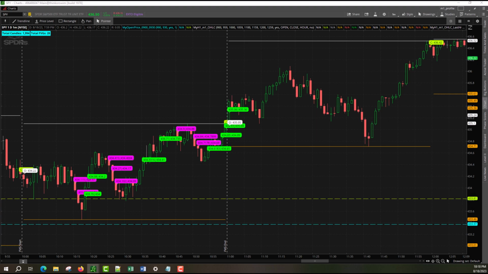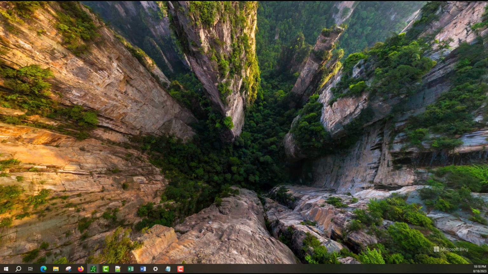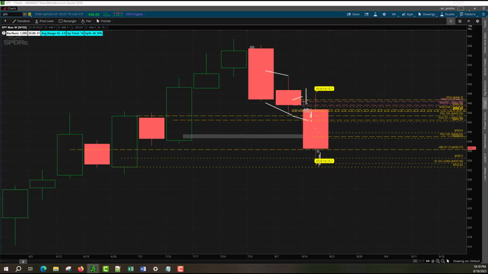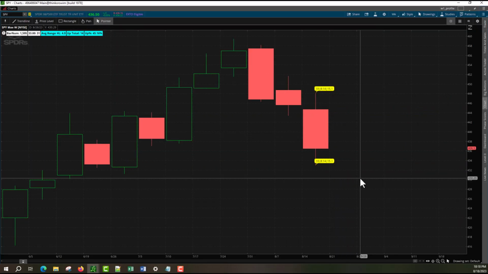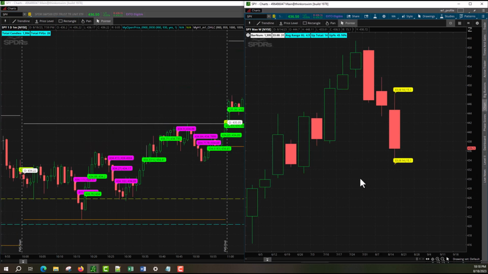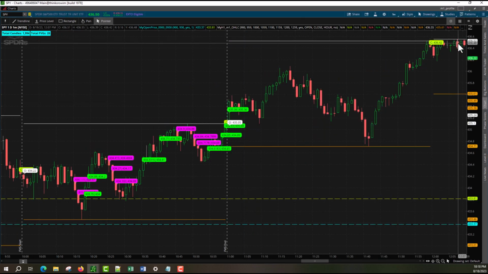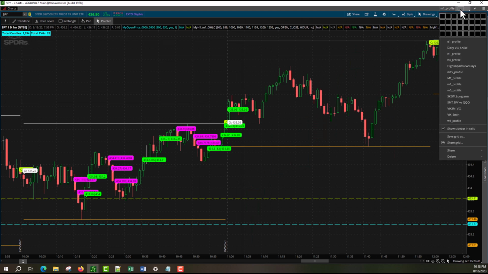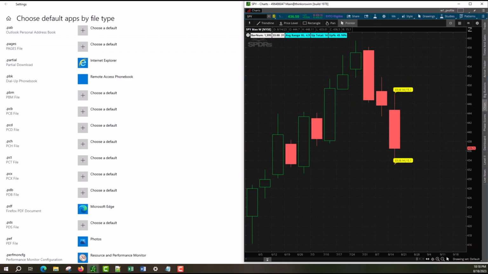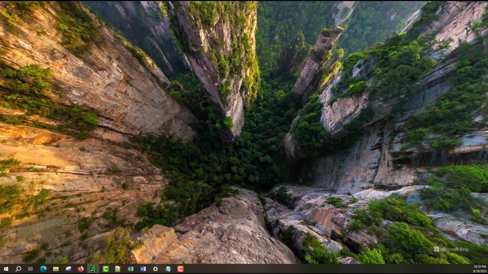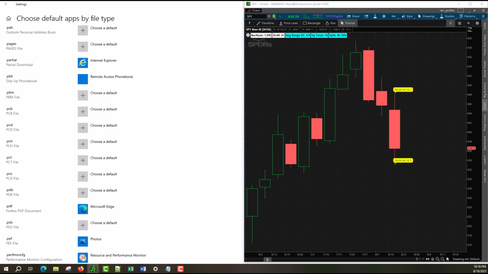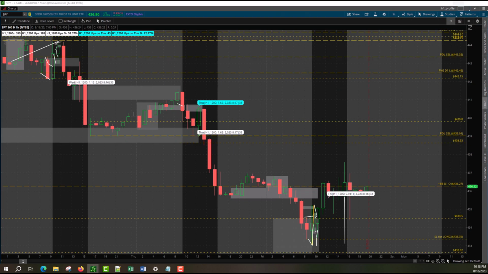Let's look at the weekly candle right here. Let's do it like this. And then let's do the 1 hour time frame. I think we do have a 1 hour time frame.